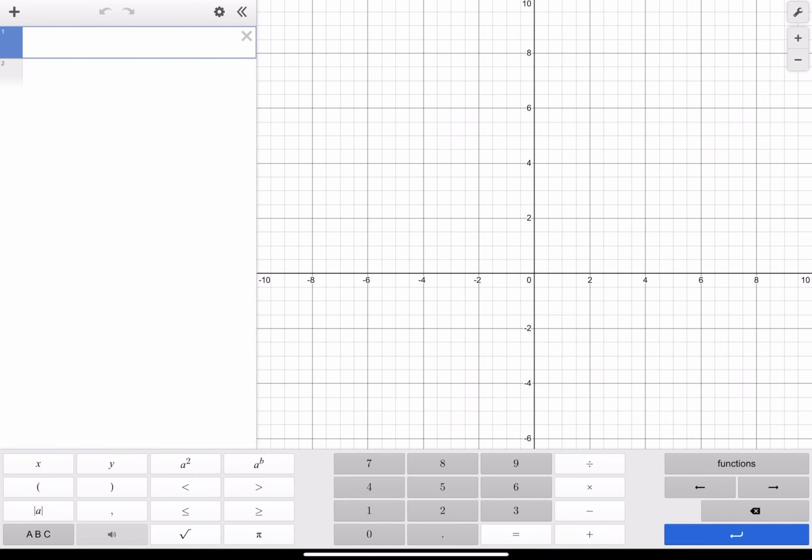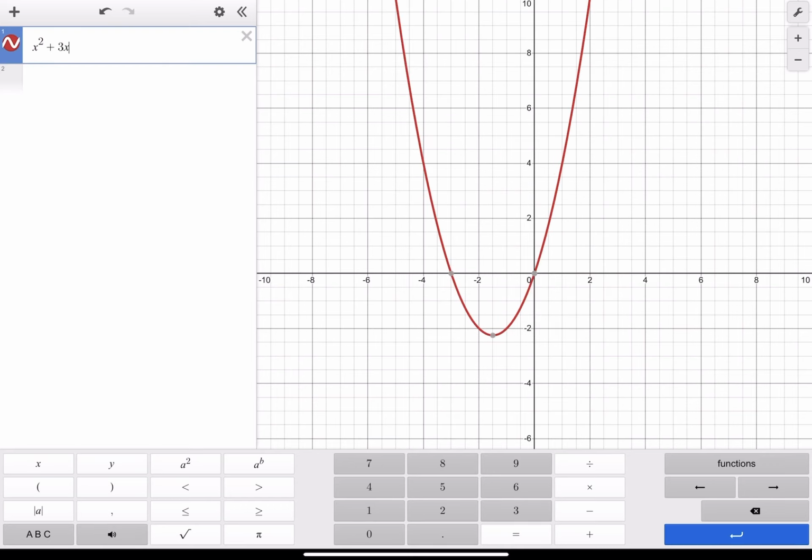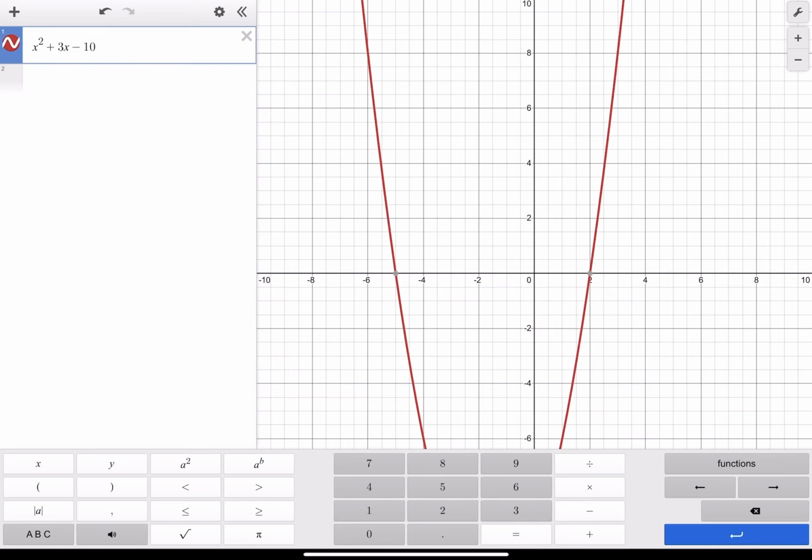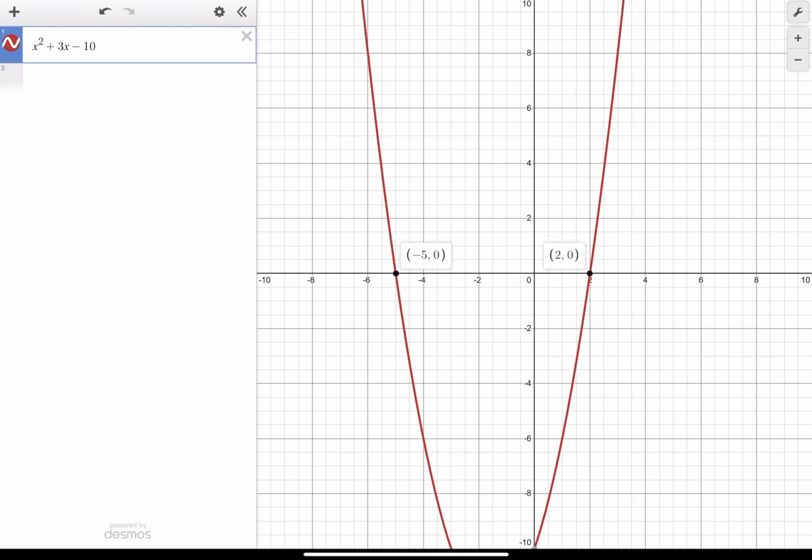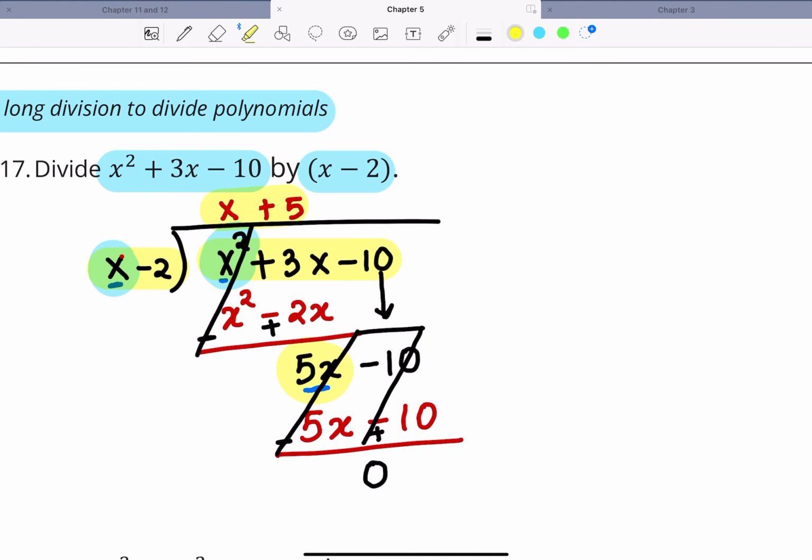I have x squared plus 3x minus 10. And you can see I have positive 2 and negative 5 as my intercepts.